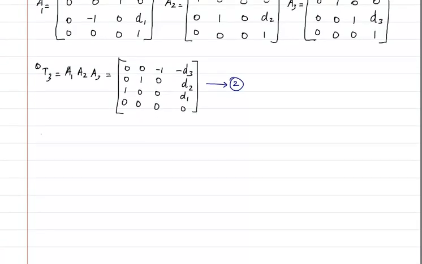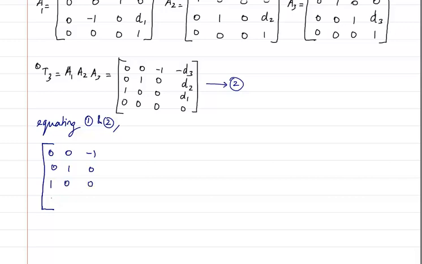So equating 1 and 2, what I will get is, I will write both matrices together: 0 0 minus 1 0, 1 0 1 0, 0 0 0 0, minus d3, d2, d1, 0.